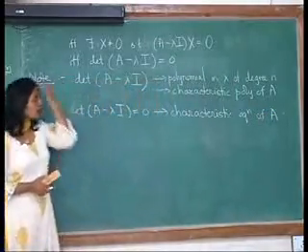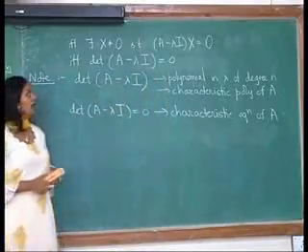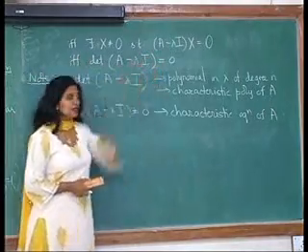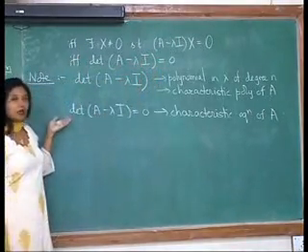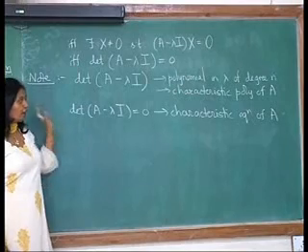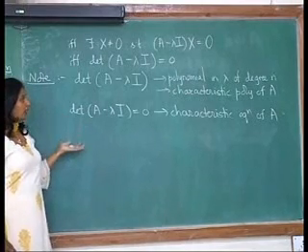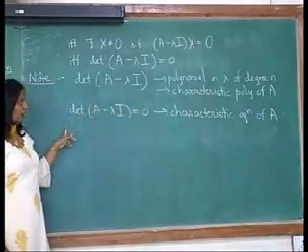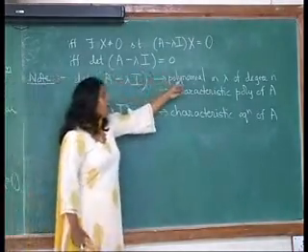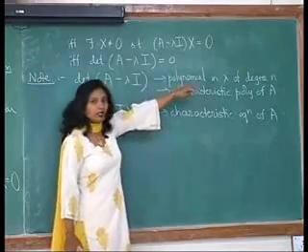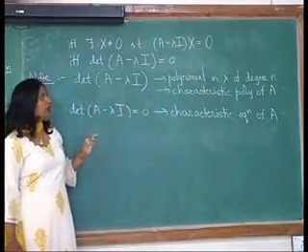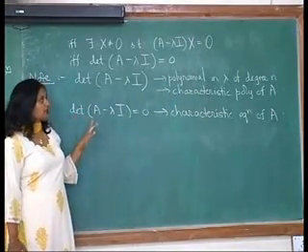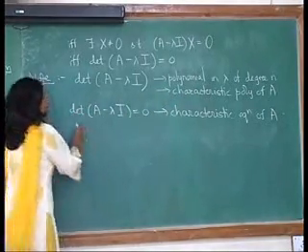And the previous result tells us that a scalar lambda is an eigenvalue of A if and only if this equation is satisfied. So if I am interested in finding the eigenvalues of any matrix, what I need to do is to first get the characteristic equation of A. It's going to be a polynomial equation in lambda of degree n, and we know that a polynomial equation of degree n has exactly n roots.